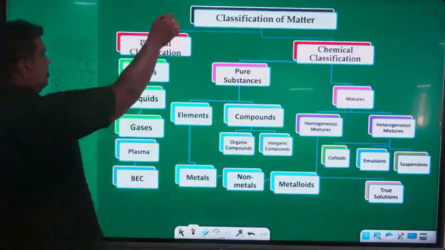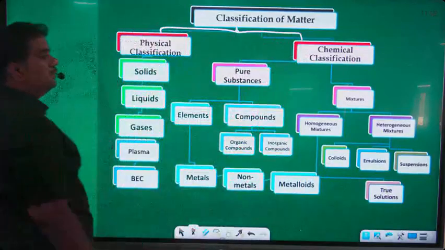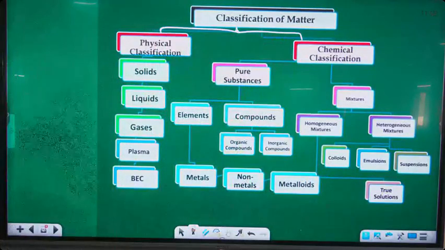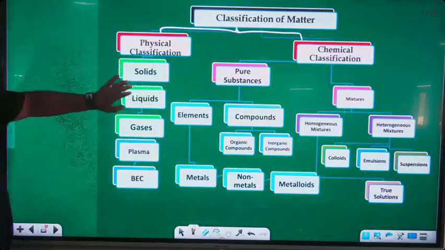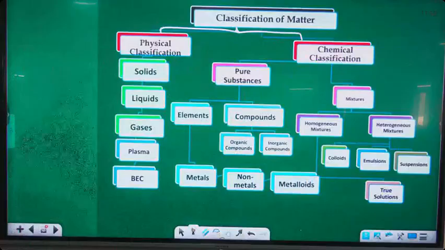Physical classification, we have got 5 things: solids, liquids, gases, the plasma state, as well as the Bose-Einstein condensate state.